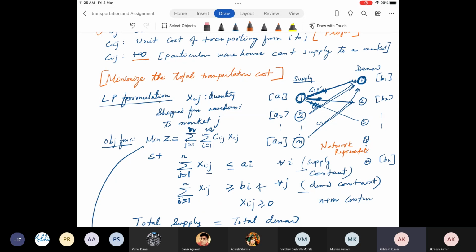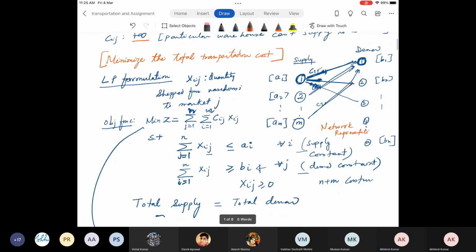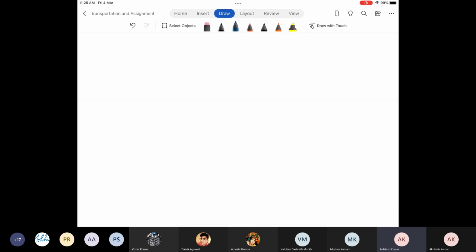Now I will show you the tabular representation of the problem. In tabular representation, we have source and destination. So I'm using source and destination as supply and demand.